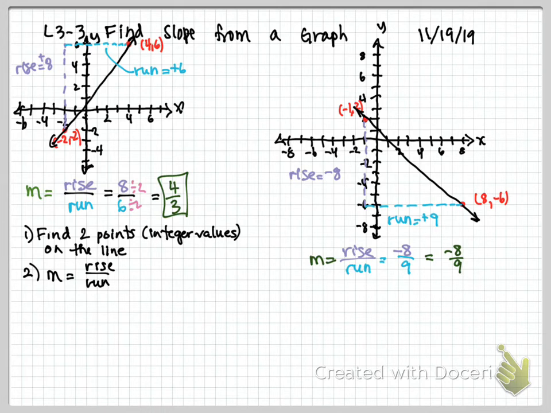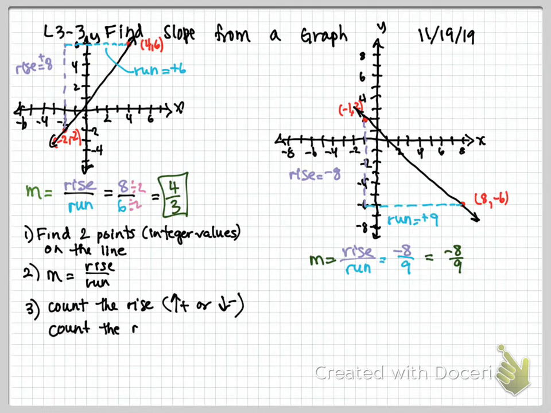Then we're going to count the rise. Count the rise. And it can either be counting up, which is positive, or counting down, which is negative. And we're going to count the run as well. If we go to the right, it's positive.